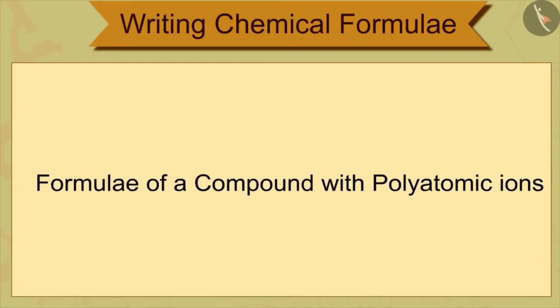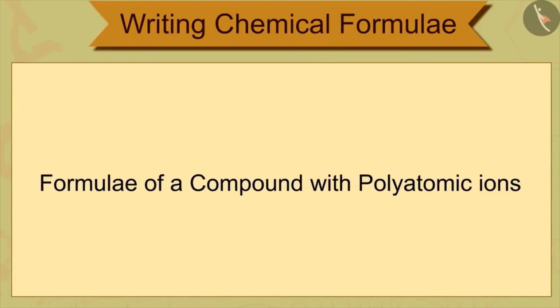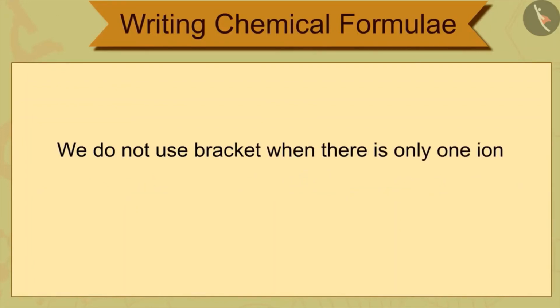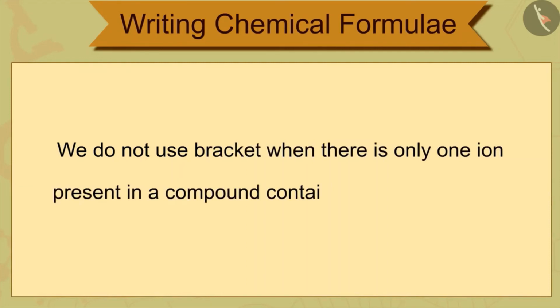Let us now look at some examples of writing the formulae of a compound with polyatomic ions. We do not use a bracket when there is only one ion present in a compound containing polyatomic ions.